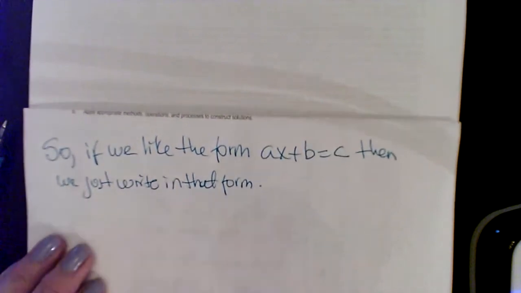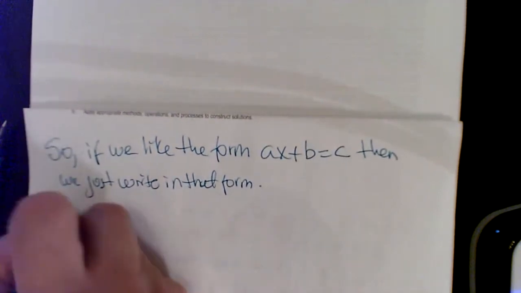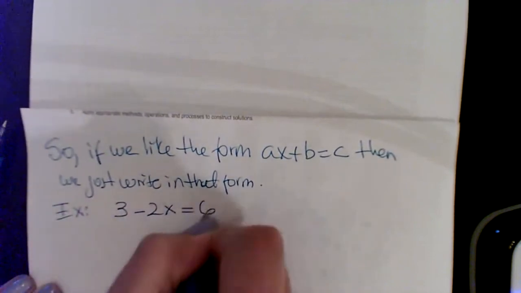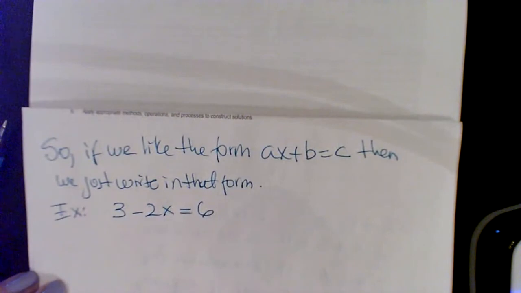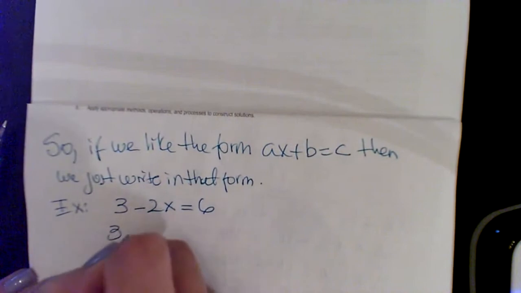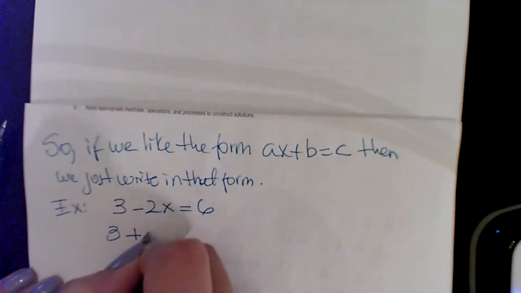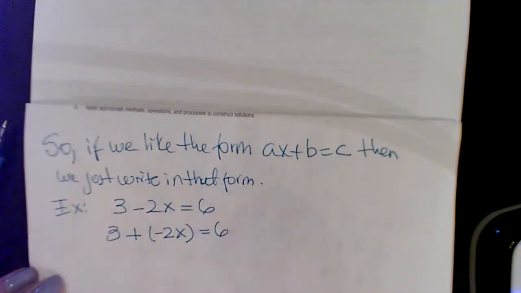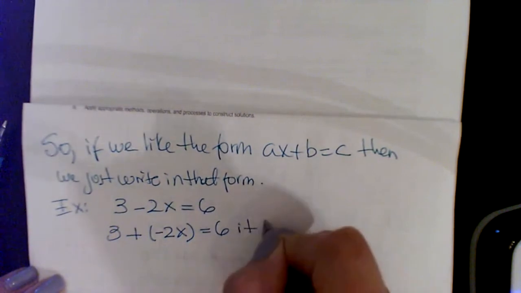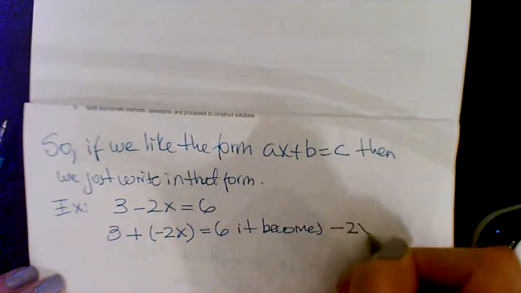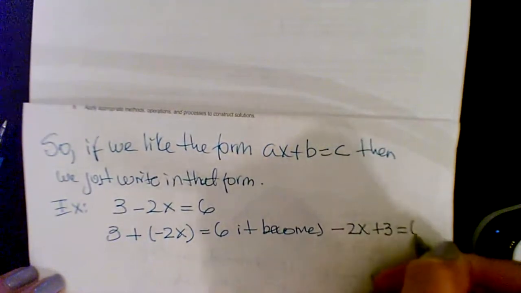But we need to be careful because, let me give you an example. 3 minus 2x equals 6. When we rewrite this, we say 3 plus negative 2x equals 6, right? So it becomes negative 2x plus 3 equals 6.